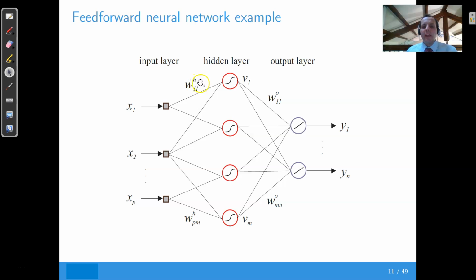We have this upper script H, which means that this weight refers to the hidden layer. And then we have the output layer.